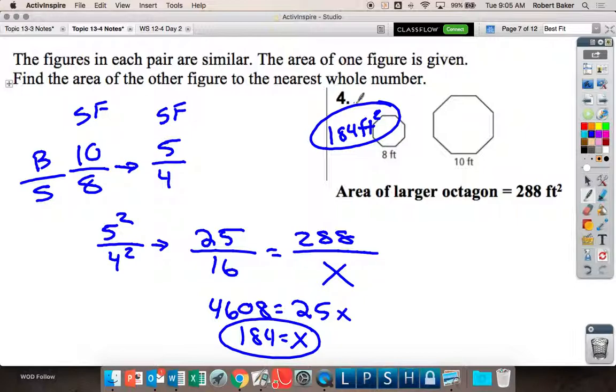It's the same answer, but all these numbers are bigger. If you use the original scale factor, you get 100x and then like a giant number on the bottom. So you can use 5 squared over 4 squared or 10 squared over 8 squared. It doesn't really matter. Your calculator is smarter than all those numbers combined. So just kind of how much work you want to do.